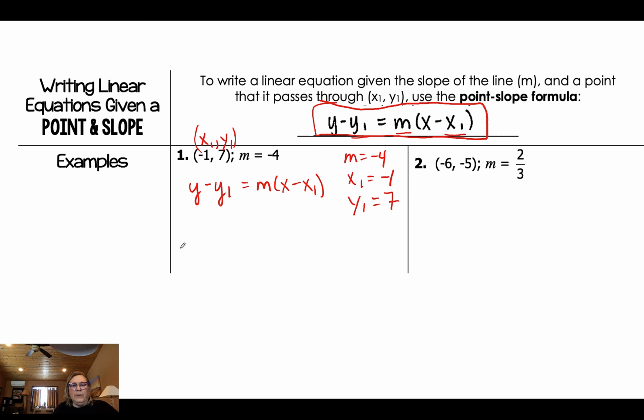All right, then y minus doesn't change, that's your variable. So I put in what I know, y1 is 7, and that's all equal to, I know m is minus 4, times x minus, that's your variable, doesn't change, and x1 is minus 1. And you'll notice I put it in parentheses.